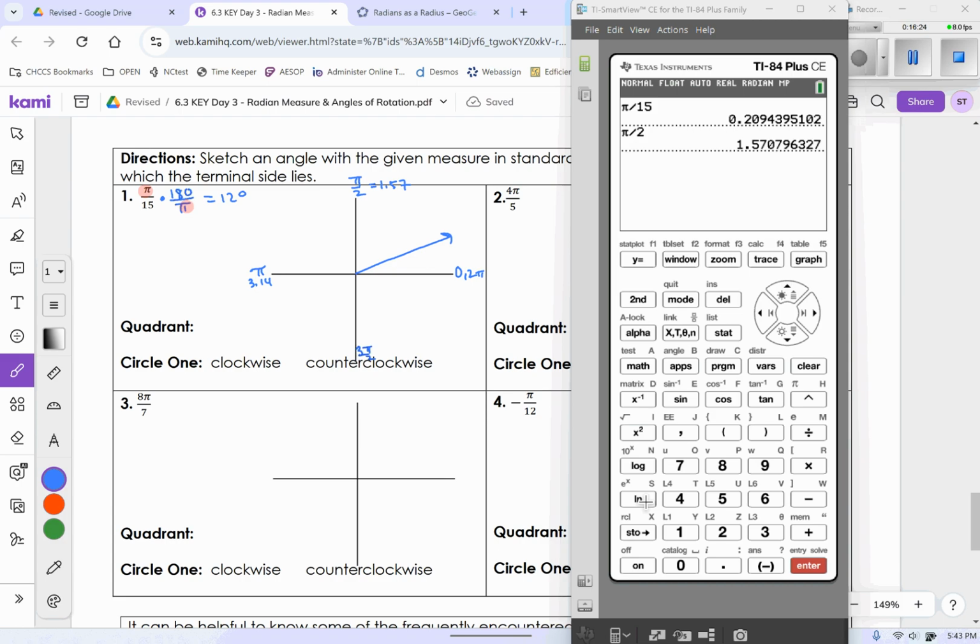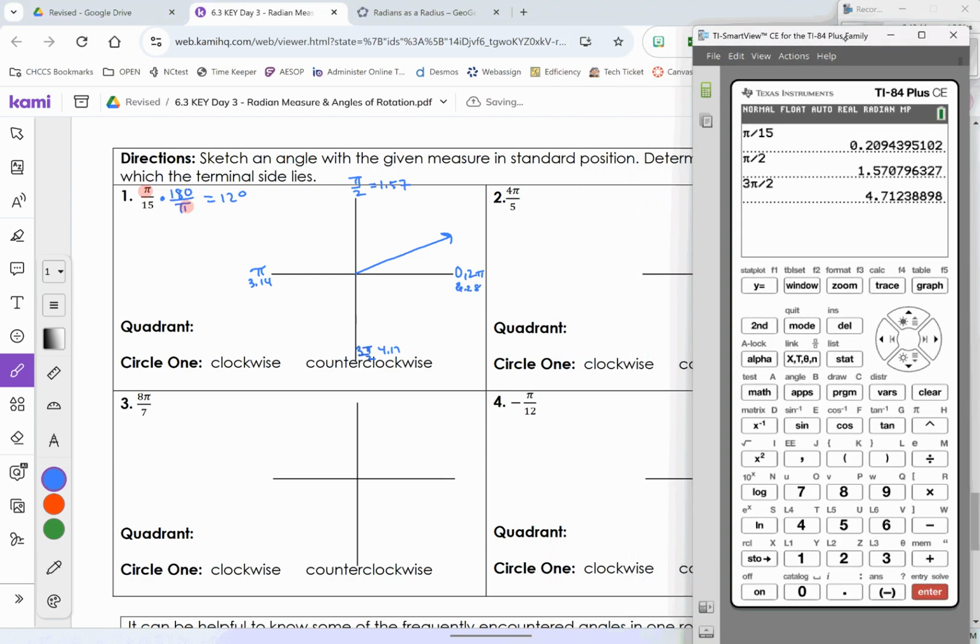And so then if you add another 1.57 to 3.14, that would give you 3 pi over 2, or if it helps you just to type it all out, 3 pi over 2 is 4.71. And then add another 1.57, and you would get 6.28, like we said, for the circle. So lots of different ways of looking at how to get this.